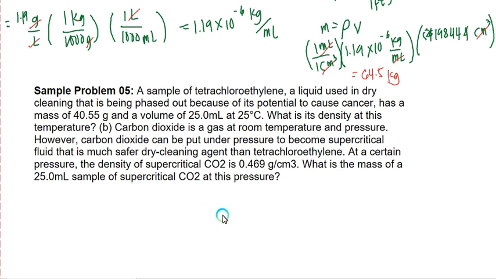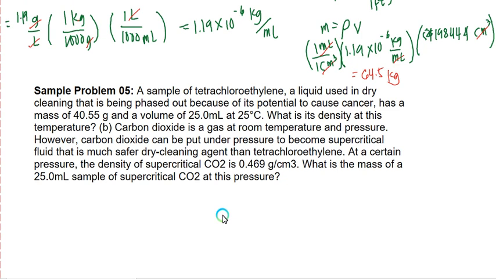Next one in here, we have kalima na nga example. We have a sample of tetrachloroethylene, a liquid used in dry cleaning that is being phased out because of its potential to cause cancer, has a mass of 40.55 and a volume of 25 ml at 25 degrees Celsius. What is its density at this temperature? Another one, carbon dioxide is a gas at room temperature and pressure.